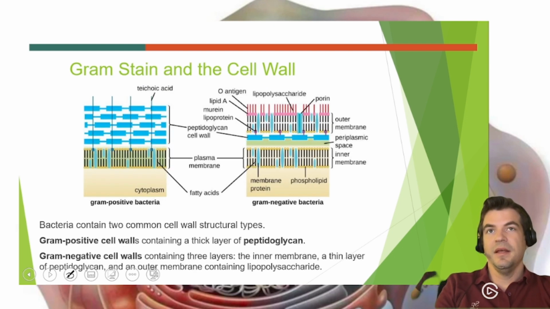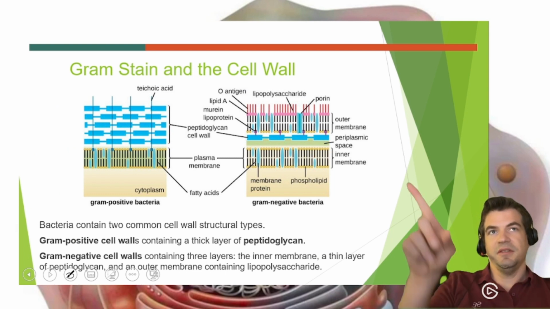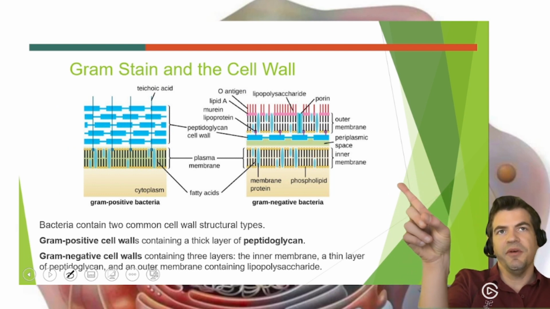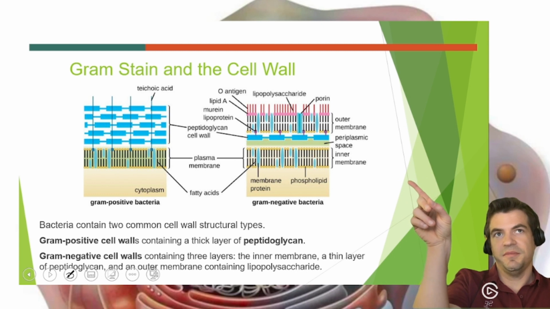So this is what we're talking about. As you can see, the gram negative right here has that inner membrane and then the outer membrane and the periplasmic space. And then that blue rectangle chain is the peptidoglycan cell wall. See how thin it is? We can decolorize that in 10 to 15 seconds.